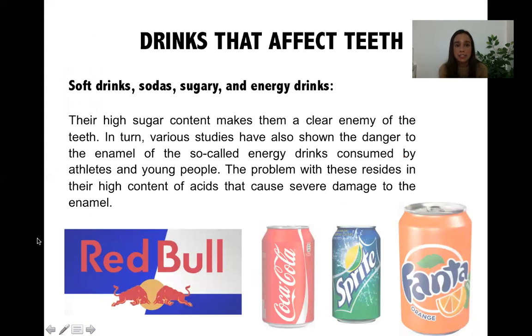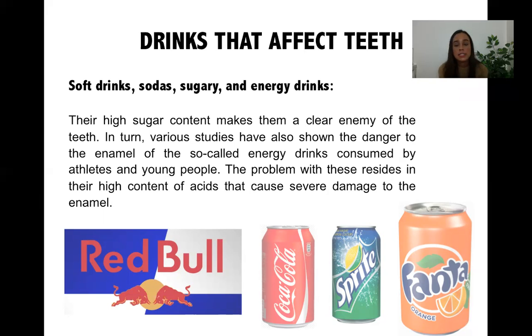Drinks that affect teeth: soft drinks, soda, sugary, and energy drinks. Their high sugar content makes them a clear enemy of the teeth. In turn, various studies have also shown the danger to the enamel of the so-called energy drinks consumed by athletes and young people.